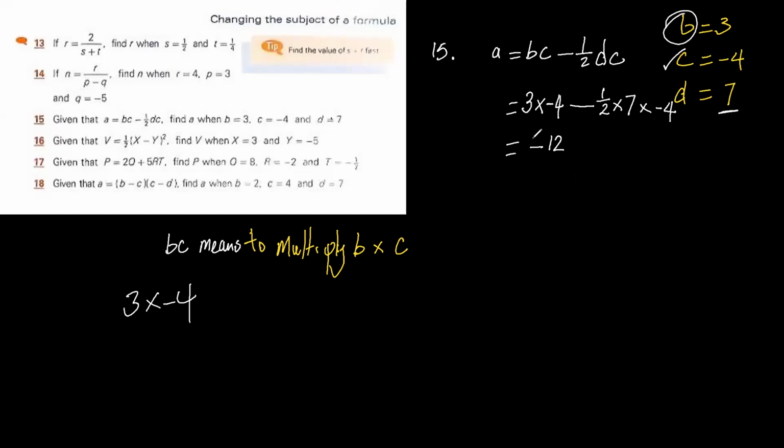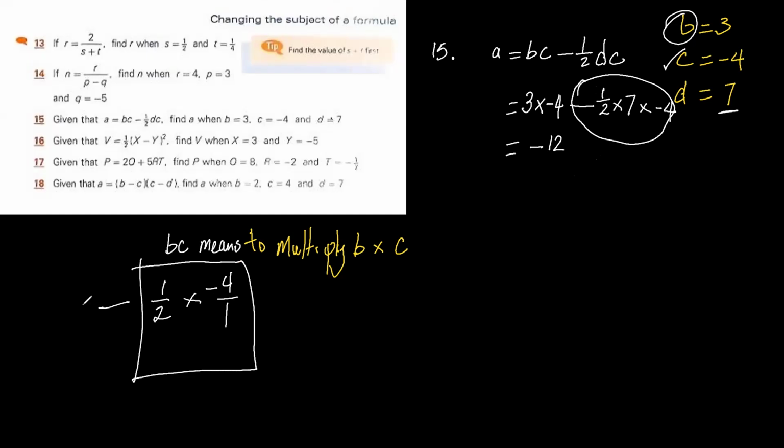Now, here's the trick with this one. I have the half, so I'm going to use the half part. I'm going to use the half, but I'm going to multiply it by -4. I'm just going to do this part. So 2 into 2 is 1, 2 into 4 is 2. So a half times -4 is how much? -2.